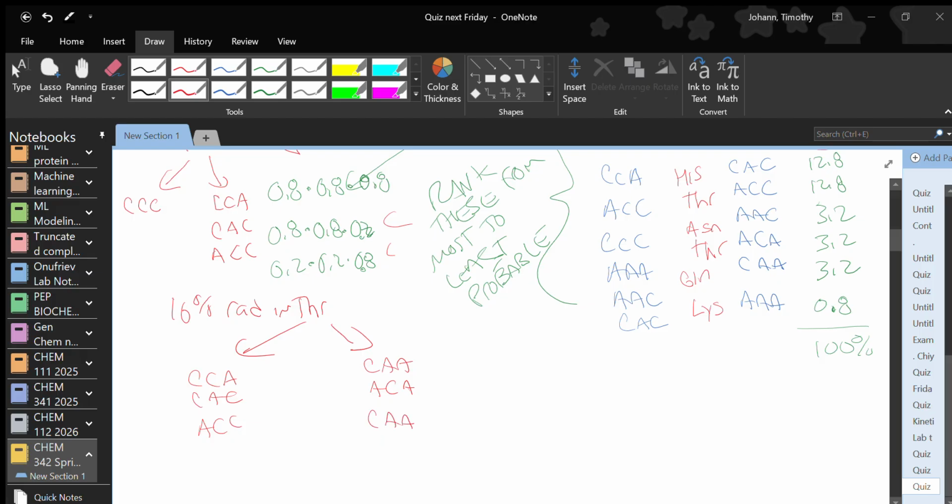So we've got one of each of those. Does that make sense? Okay, and then we continue to cascade through these. So you can go through and figure out what other things are.